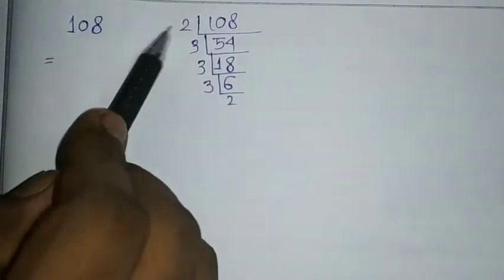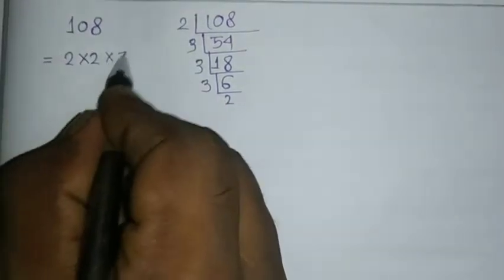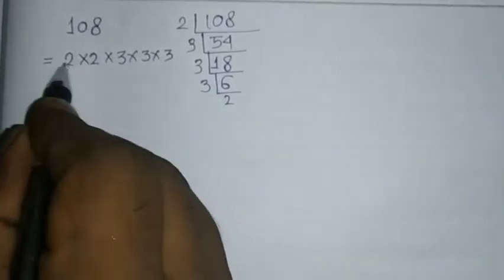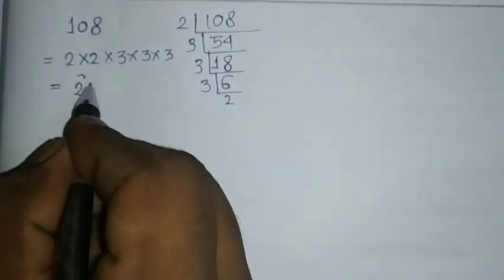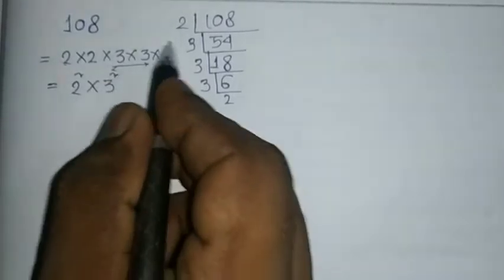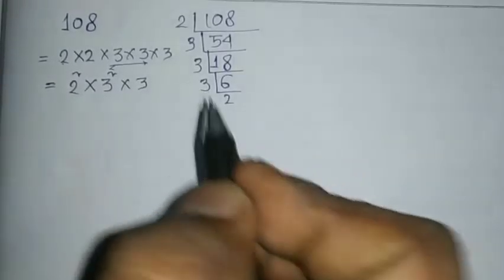That means 2 times 2, which is 2 into 2, and 3 times 3. Now look, using these 2s I can write 2 square. Again using these 3s I can write 3 square. Now look, one 3 is single, it doesn't have any kind of pair.